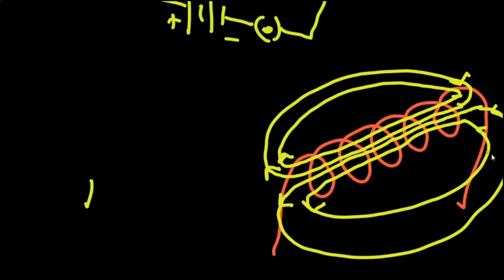So these field lines look exactly like a bar magnet. Since they emerge from this side, this side of the solenoid behaves like the north pole and that side behaves like the south pole.